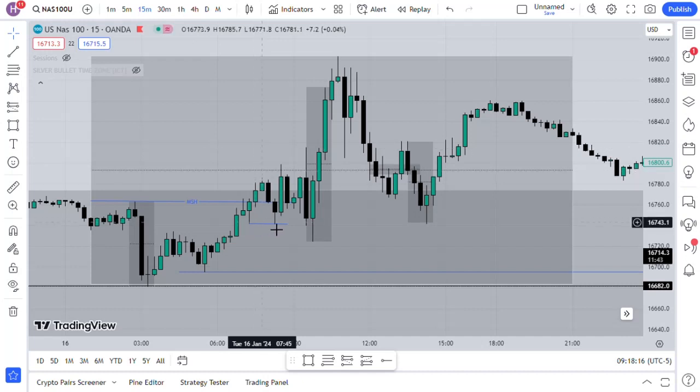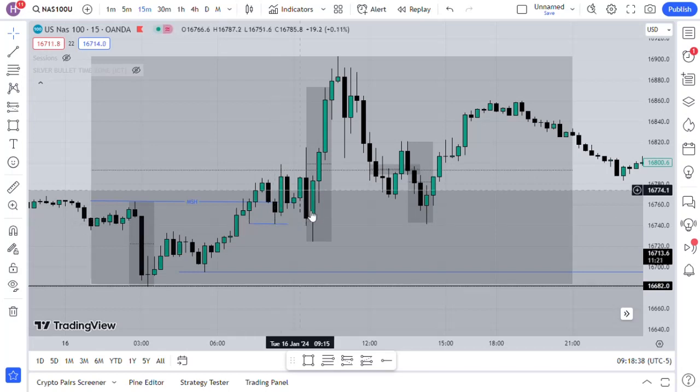This is a very likely place where people place their stops, since they categorize this as support or resistance. So the market first rallied down, took out the stops, then rallied higher to the upside. You will want to enter when the market goes down and takes out the stops.